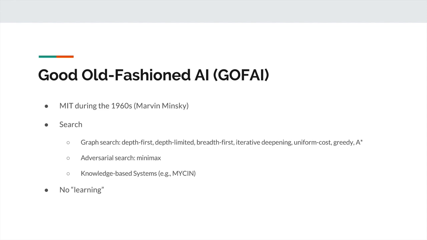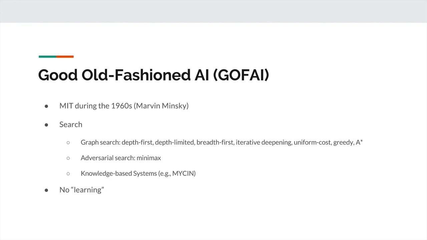The thing with good old-fashioned AI is that it's not really learning of any kind, if you think about it. The whole point of good old-fashioned AI was that it was all about search.